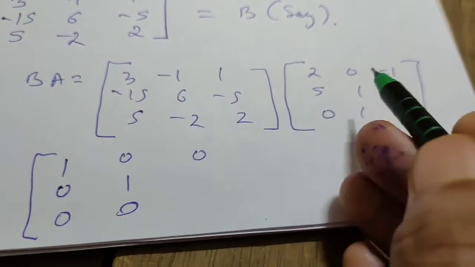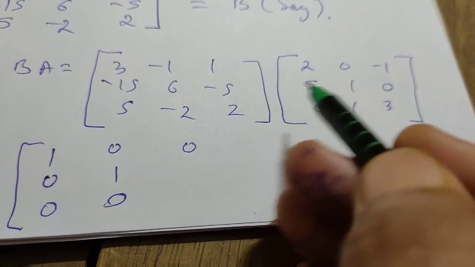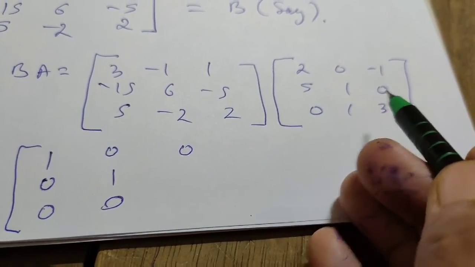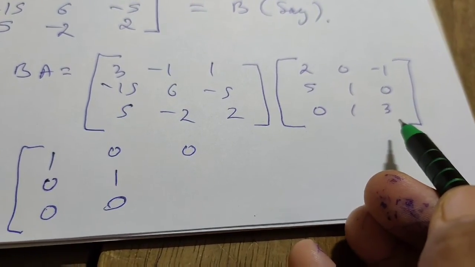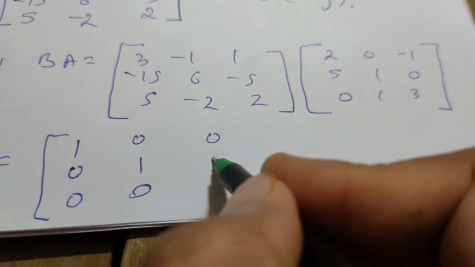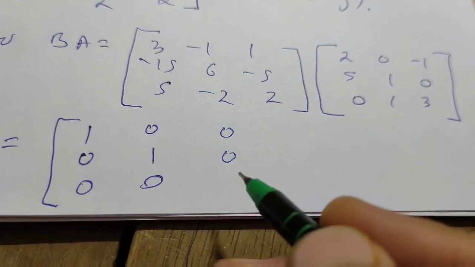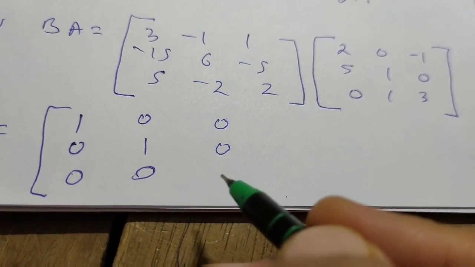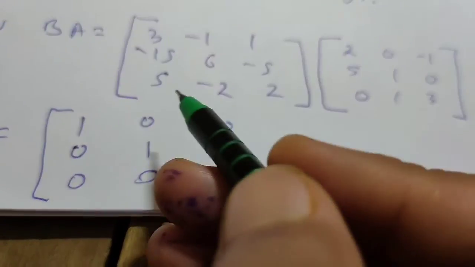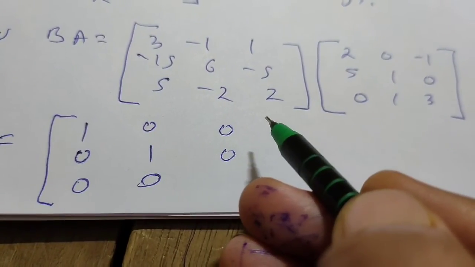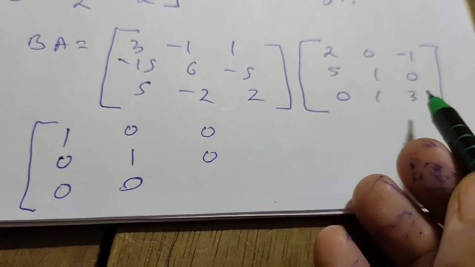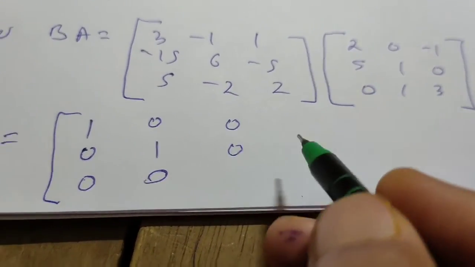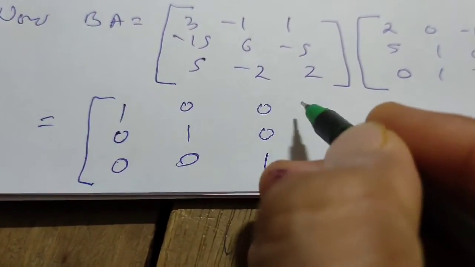Minus 15 into minus 1 is plus 15, 6 into 0 is 0, and minus 5 into 3 is minus 15. So plus 15 minus 15 gives us 0. Now the third element of column 3, multiplying R3 with column 3: 5 into minus 1 is minus 5, minus 2 into 0 is 0, and 2 into 3 is 6. So minus 5 plus 6 gives us 1.